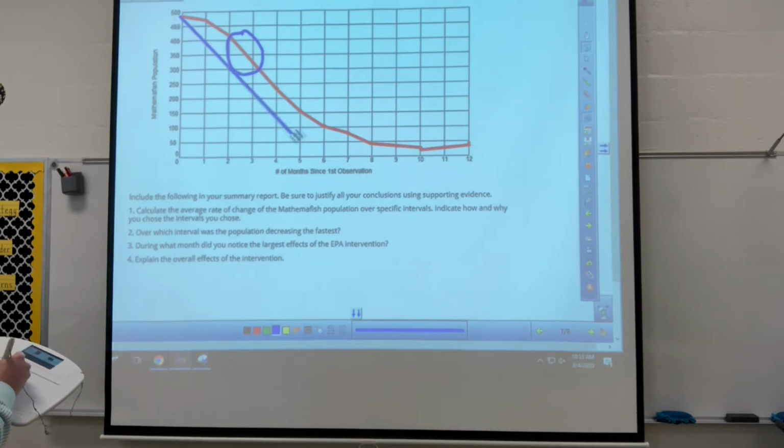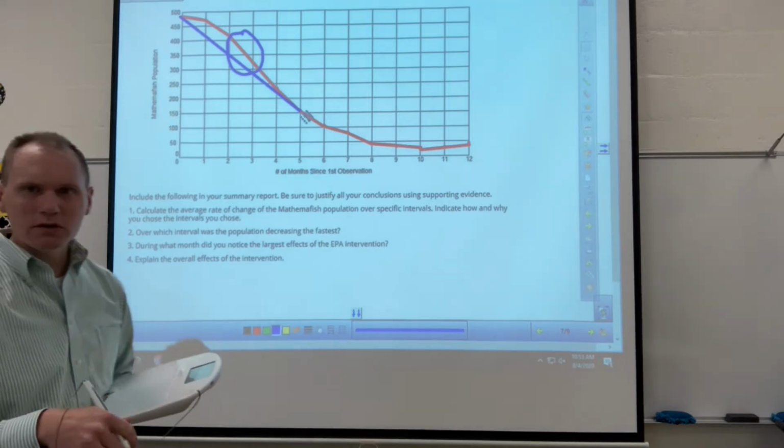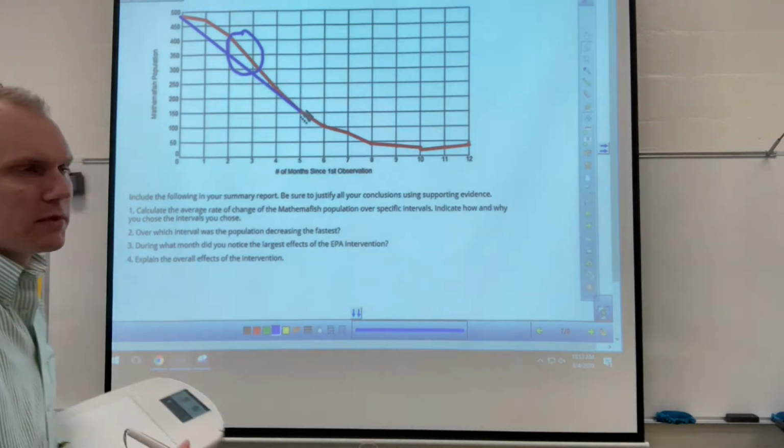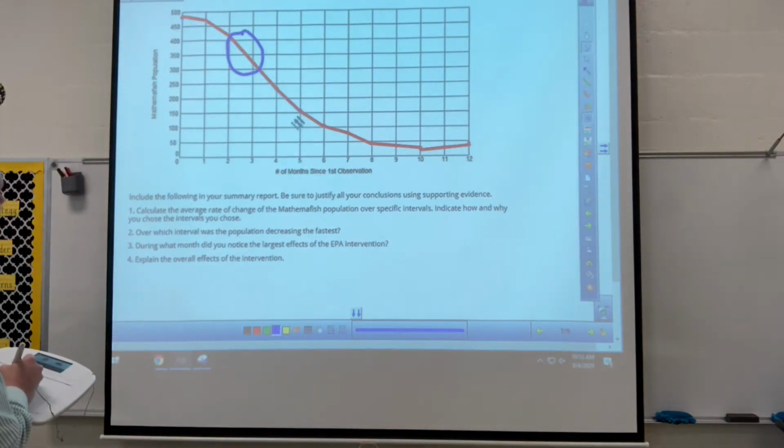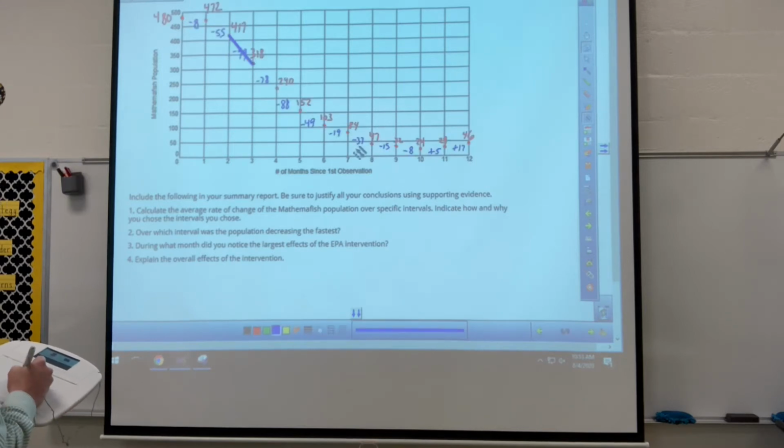If we go from here to here, is that as steep of a decrease? It's not, right? It's not as negative of a slope there. And we could analyze a lot of different things here. Of course, from here to here, it's not as negative. What about from 7 to 8? That one was negative 37.